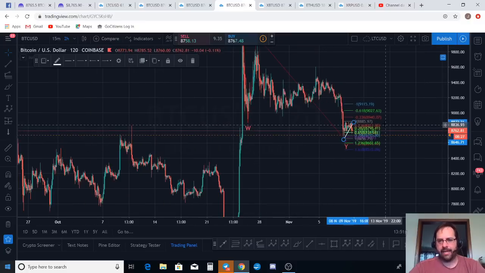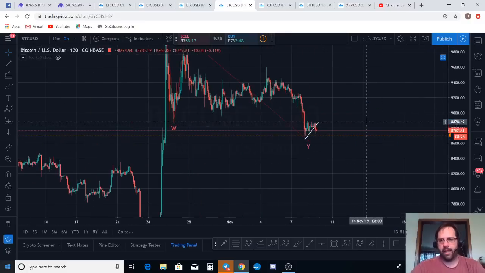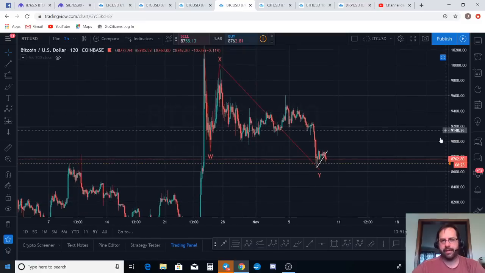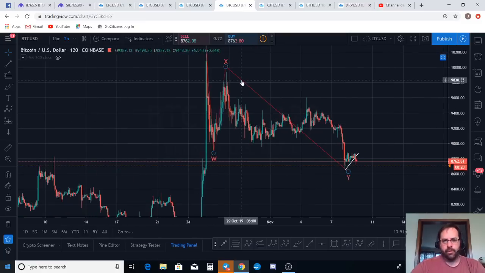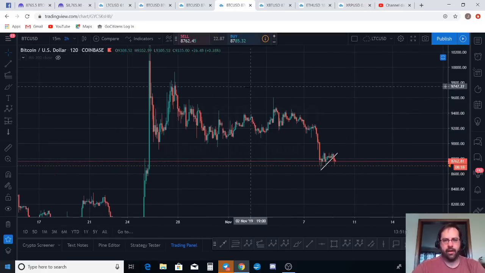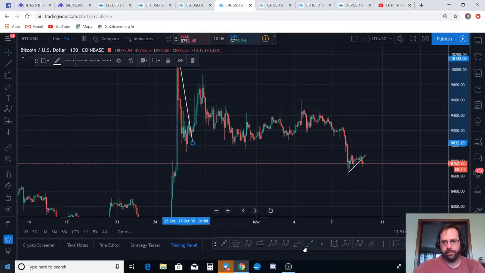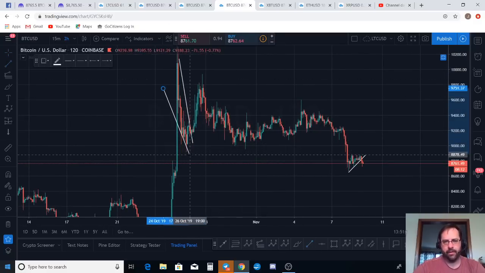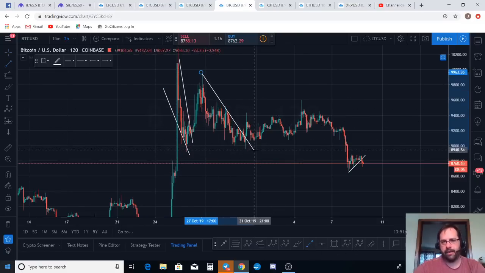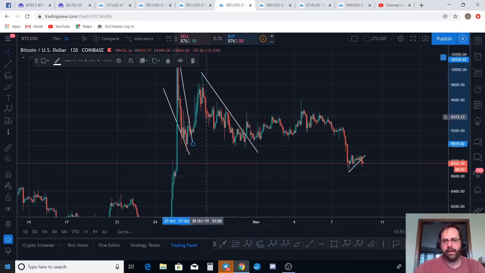If that is the case, what are we looking at? Just looking at the grand scheme of that count, I've got two ideas here. For a bull case, this would be a beginning diagonal, a 5-wave beginning diagonal. We got a 3-wave pullback, and then I'm actually interpreting this wave right here as a beginning diagonal for the next wave.